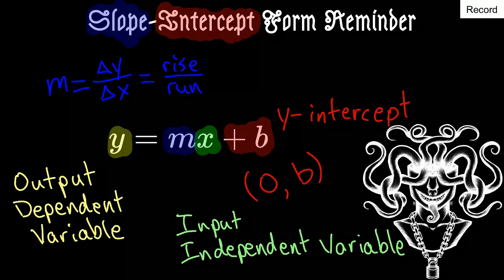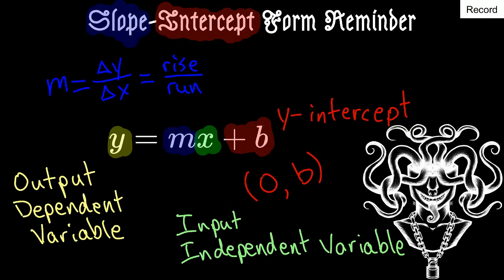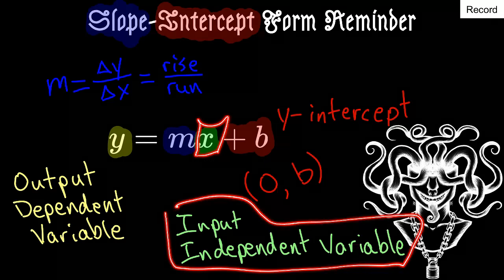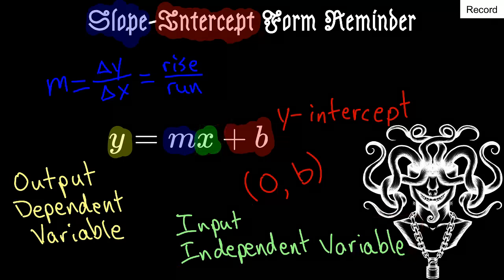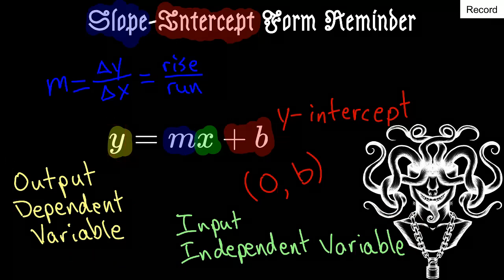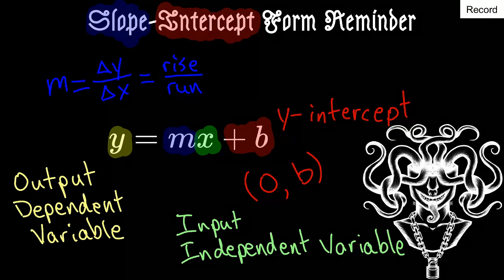And we can always see a y-intercept because the x value is always 0 on the y-intercept. Our x, that variable, is the input or the independent variable, and the y is the output or the dependent variable. Does anyone have questions about the slope-intercept form of a linear equation? So anything in this form is a line.